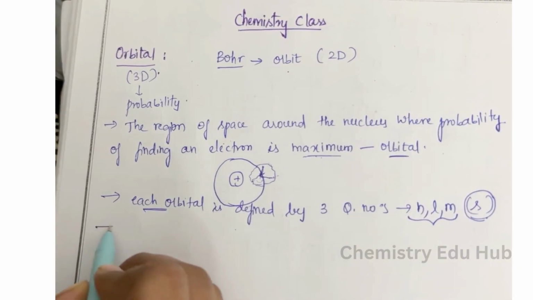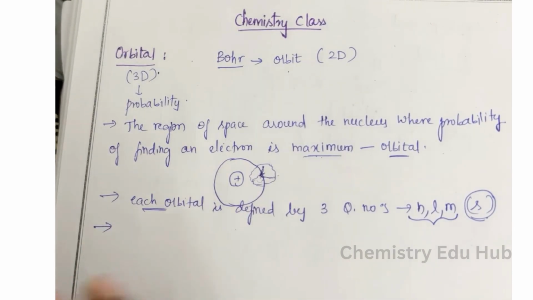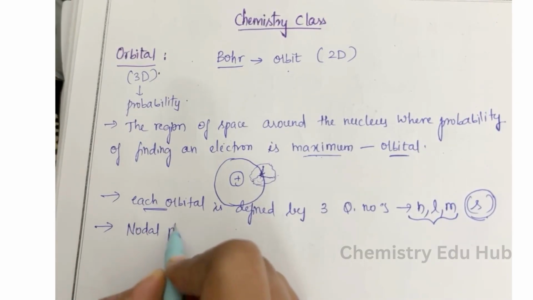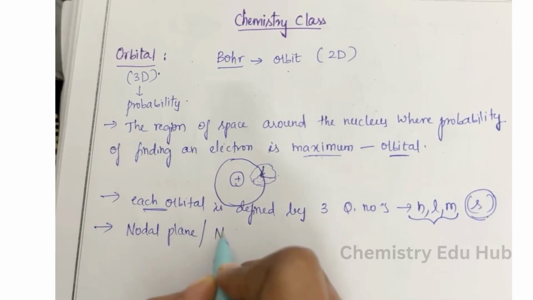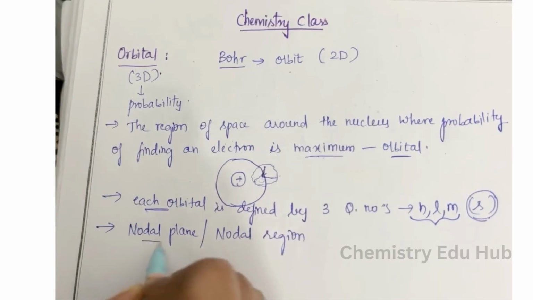So in the orbital also there is some region where you do not find any electron. Such region is called nodal plane or nodal region. What is nodal plane or nodal region?